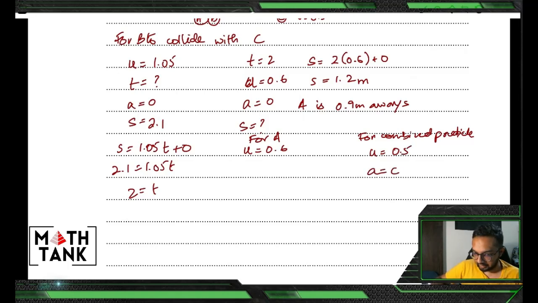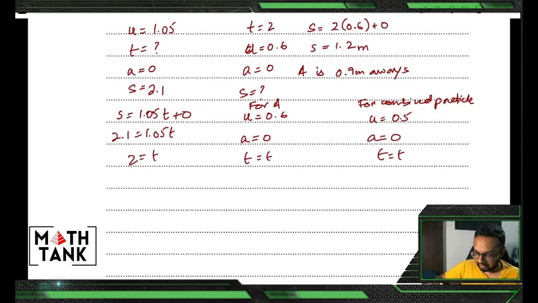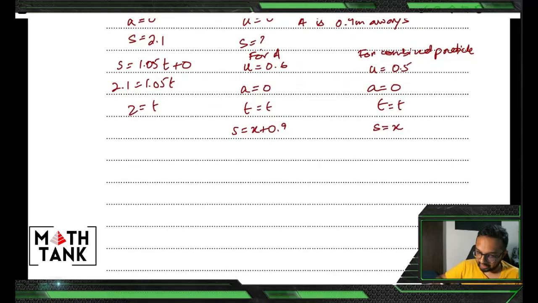There is no acceleration in both. They are going to collide at that instant. If this covers a distance of x, this must cover a distance of x plus 0.9 to cover up the difference. So again, S equals ut plus half at squared.